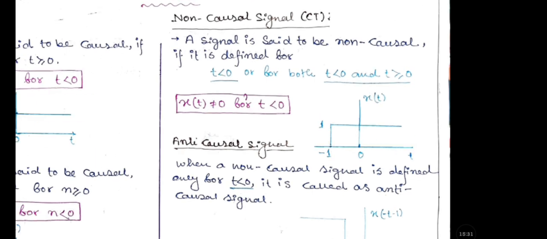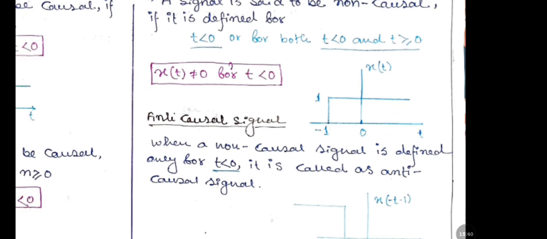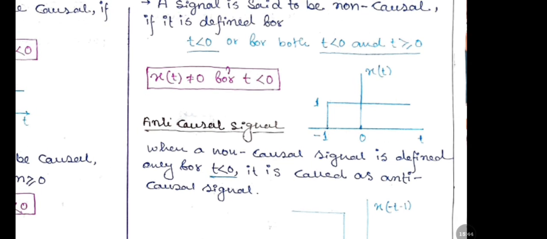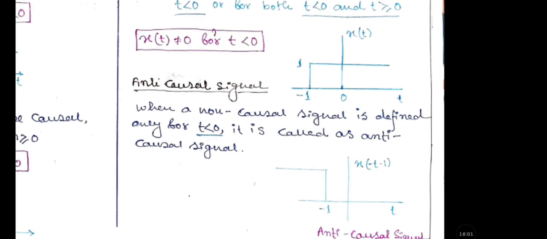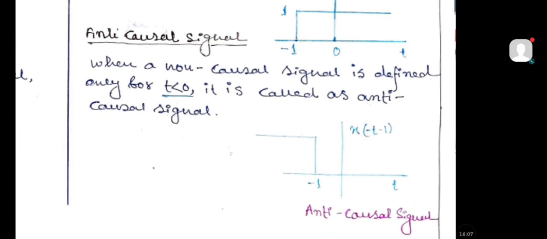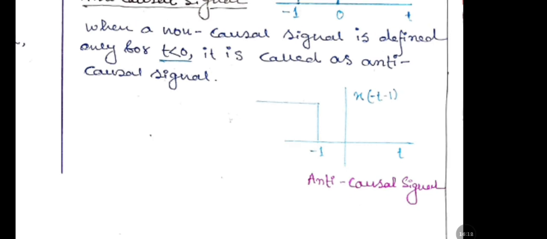In this graphical representation, we can see that for t less than 0, x(t) is not 0, and signals are present from t less than 0 to t greater than or equal to 0, so it is called a non-causal signal. Now, what are anti-causal signals? Anti-causal signals are only defined for t less than 0. In the signal we can see that for t less than 0, x(t) is not 0.